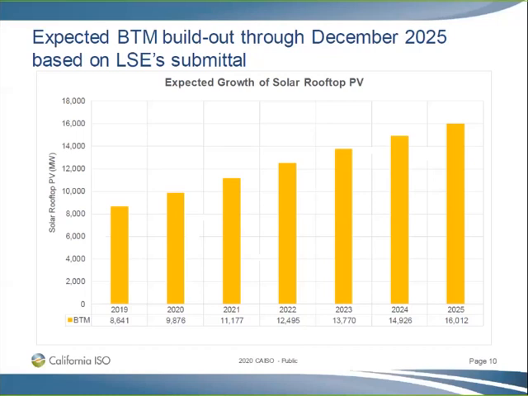And again, 10,000 megawatts of actual capacity is a lot. I work a lot with other balancing authorities throughout the U.S. and Canada, and with 10,000 megawatts, nobody is even close to having this amount of rooftop PV in their system.